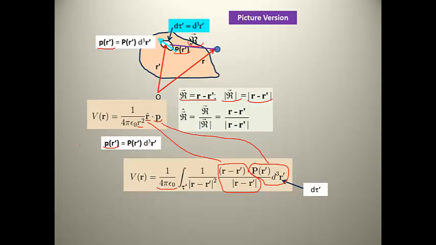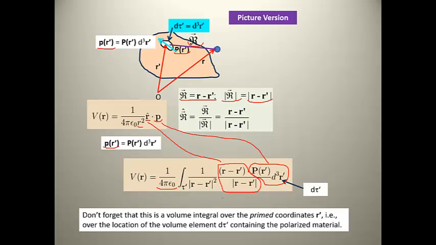So all we're doing is adding up the potential due to all these little dipoles. So we have to remember this is the volume integral over the primed coordinate r prime, see here is tau prime, over the location of the volume element d tau prime contained in the polarized material.